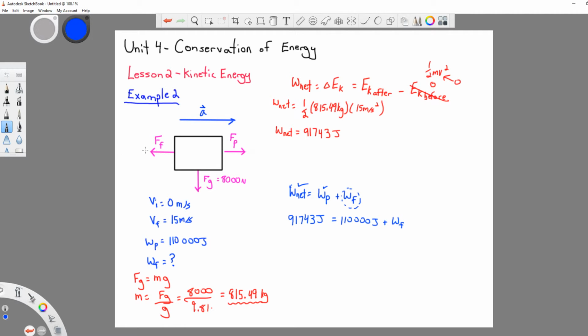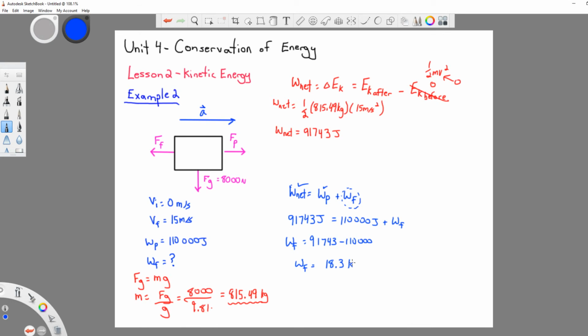You can imagine friction is going to be moving opposite to the acceleration, so it should work out to a negative value because it's going to the left. Right? It's reducing the amount of energy in here. So when we rearrange this, work due to friction should equal 91,743 minus 110,000.